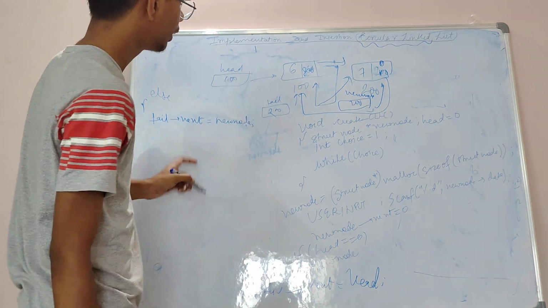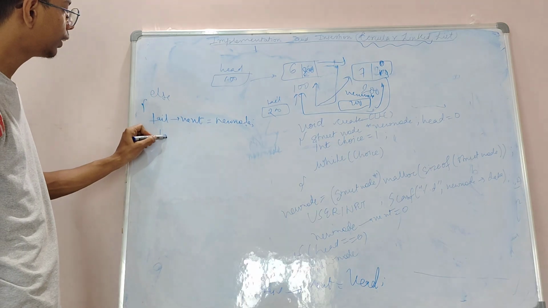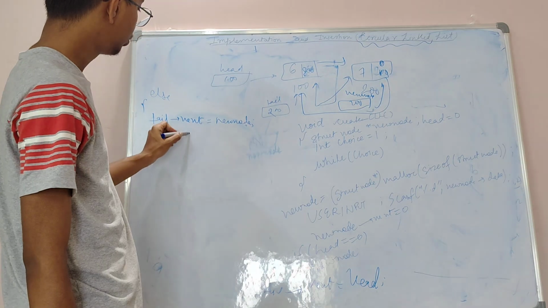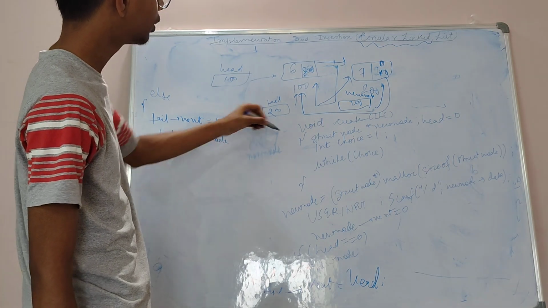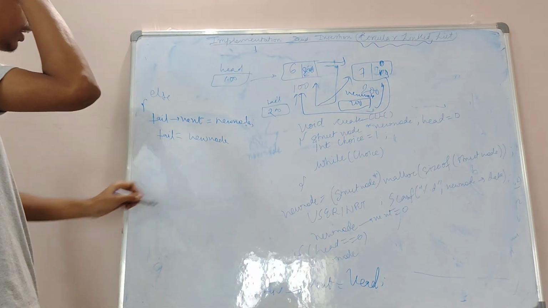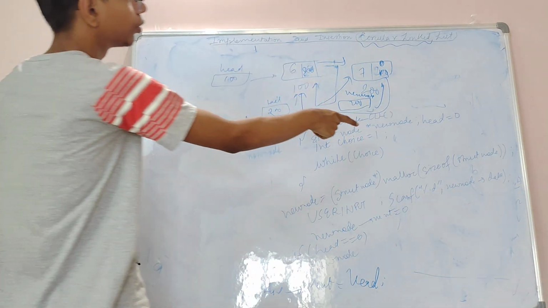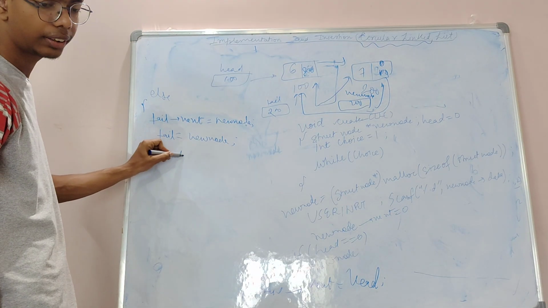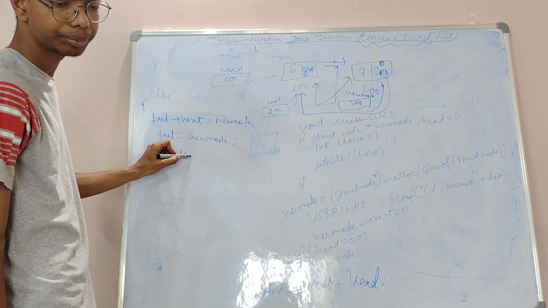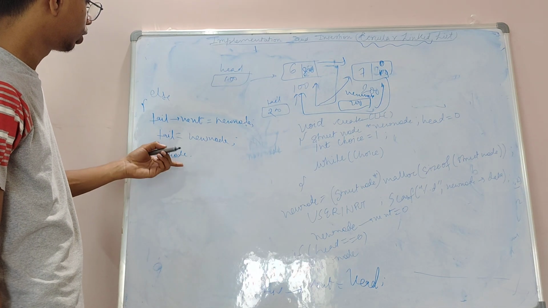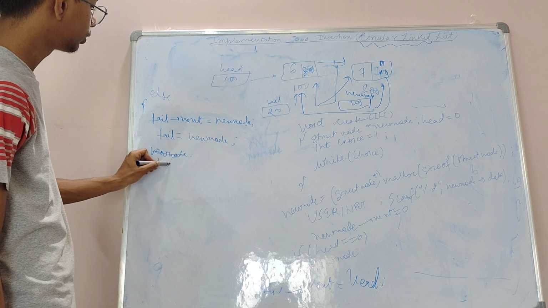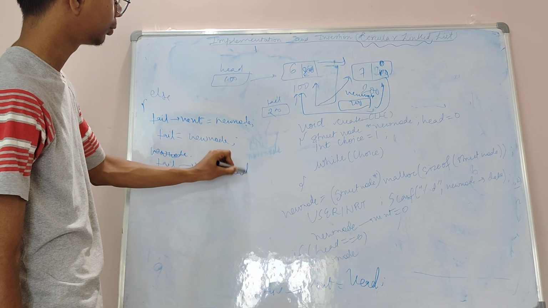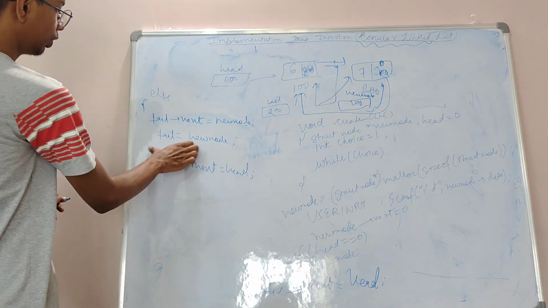Then I will move my tail ahead: tail is equal to new node, so that tail now points here. And to store 100 here, tail of next now will be head.